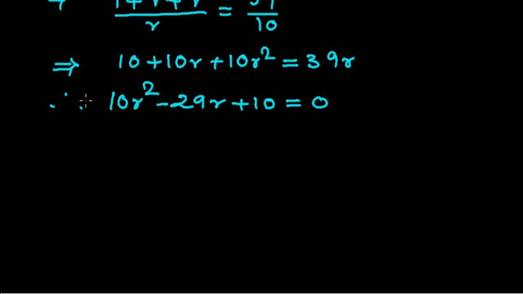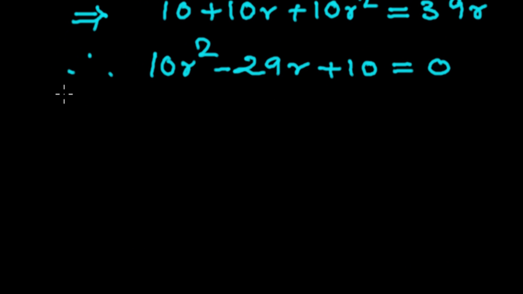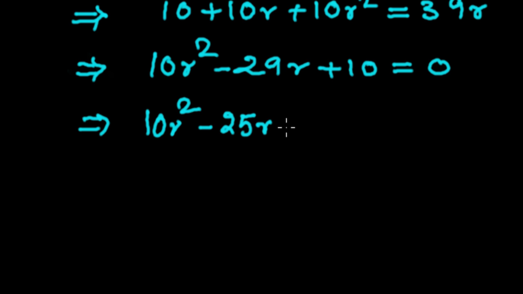Now this quadratic equation we will solve by splitting the middle term. We will get 10R square minus 25R minus 4R plus 10 is equal to 0.